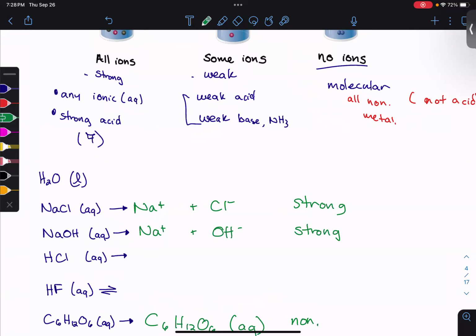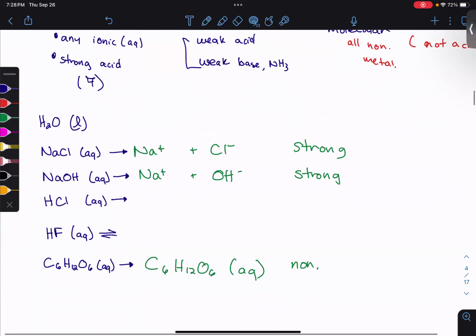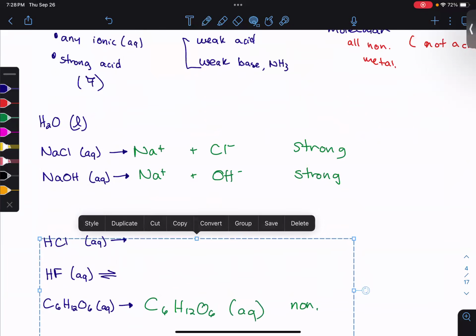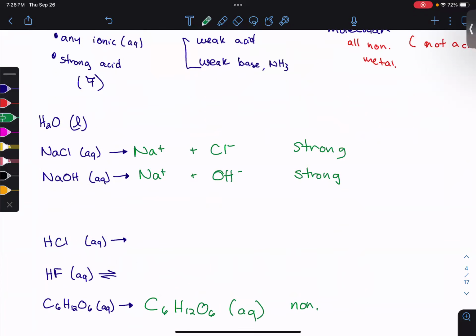Then let's compare that to, oh, I forgot. Sodium hydroxide is a strong electrolyte. It's a strong base. But what is the one weak base? NH3. And the reason this is a weak base, and it looks weird because there's no hydroxide attached to this compound that makes it obvious that it's a base, is that when you put ammonia in water, ammonia takes a hydrogen from water, leaving behind an OH minus.